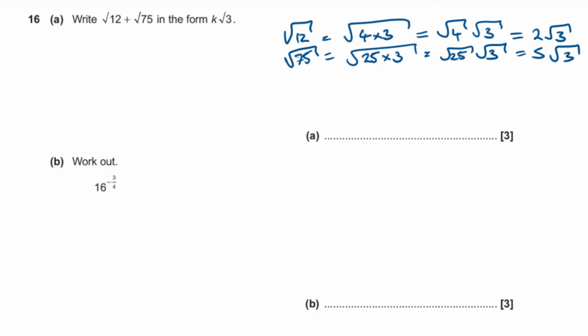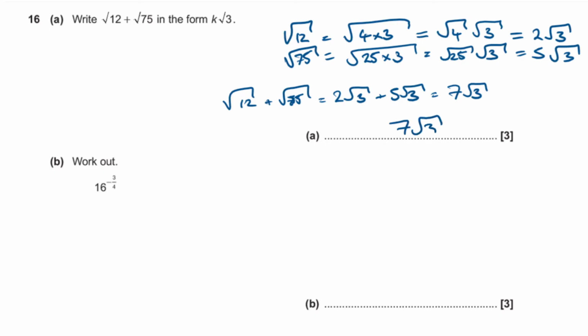Okay? So our sum, root 12 plus root 75, is the same thing as 2 root 3 plus 5 root 3, which is the same thing as 7 root 3. So that's my answer. Write it in the form of something root 3, which I've done. It's 7 root 3.